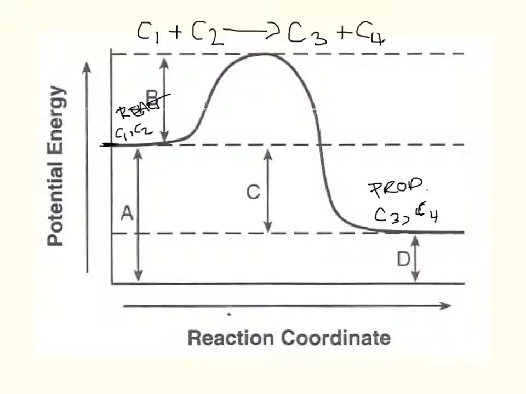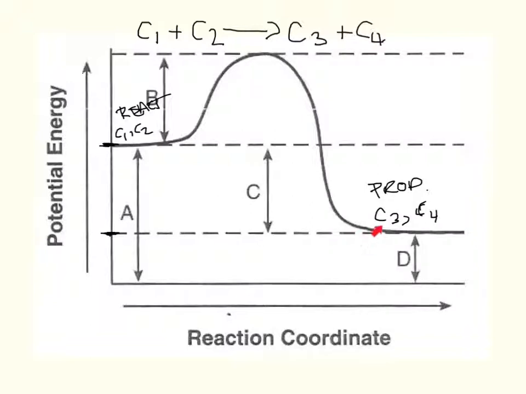Now, if we go over to products, compound 3 and compound 4, that's this energy level here, and we could trace that all the way back to here. So let's put a little mark here. Whatever that numeric value and unit is, that's going to be the potential energy associated with the products.